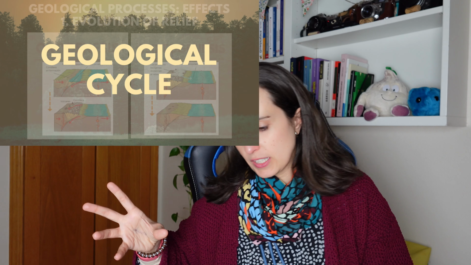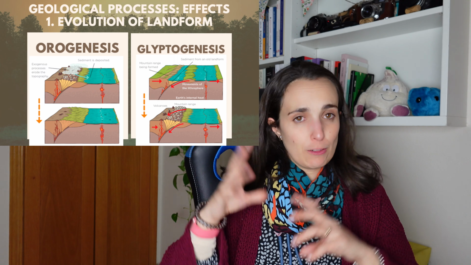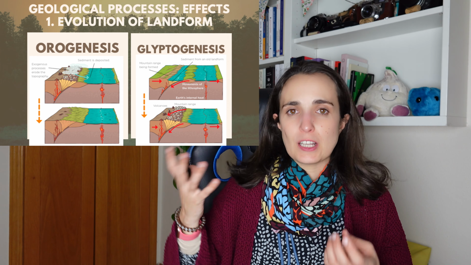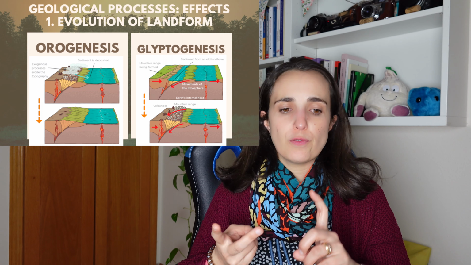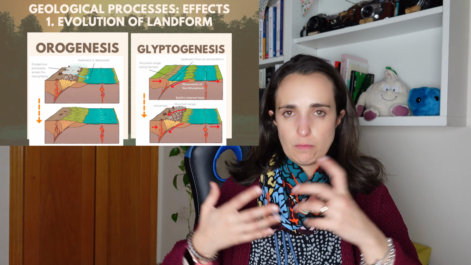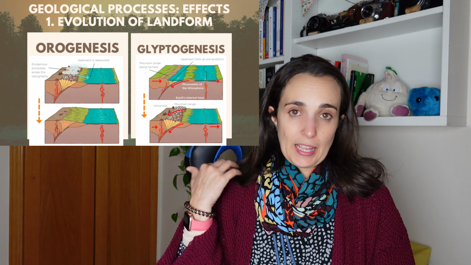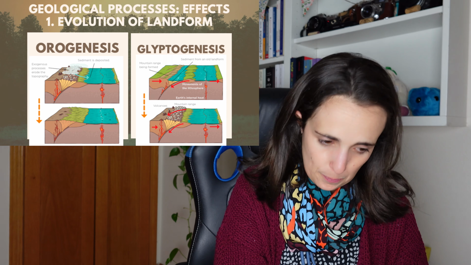And this orogenesis and glyptogenesis process is like a cycle always for any rock, okay? Or for any landform. Then a new landform will be formed during an orogenesis process. Once it is created, it will start suffering hydrosphere and atmosphere changes and dynamics, and it will start a new glyptogenesis process.